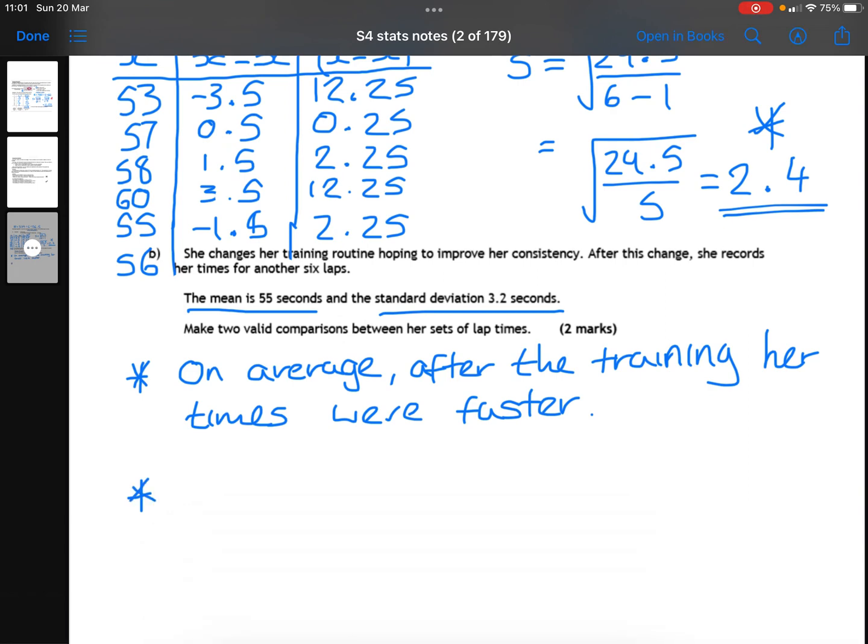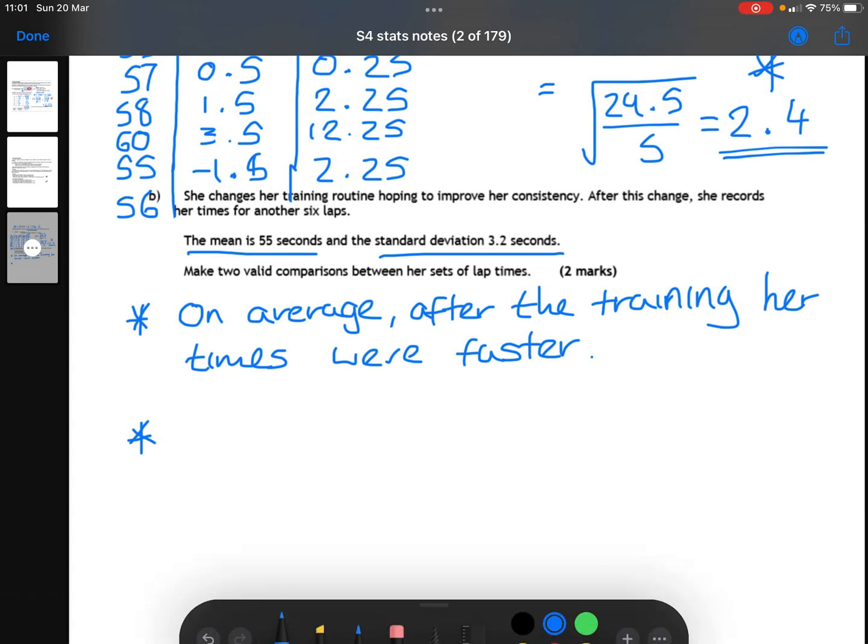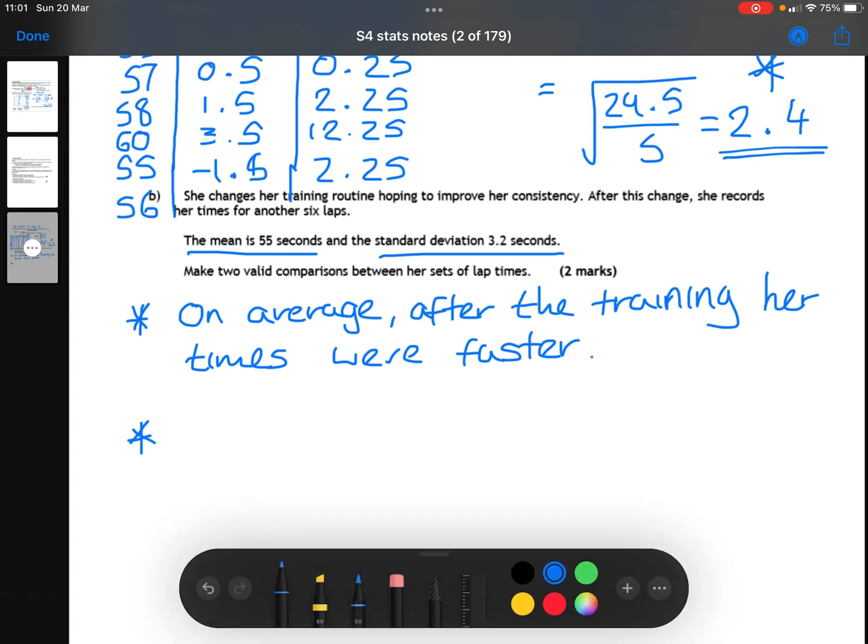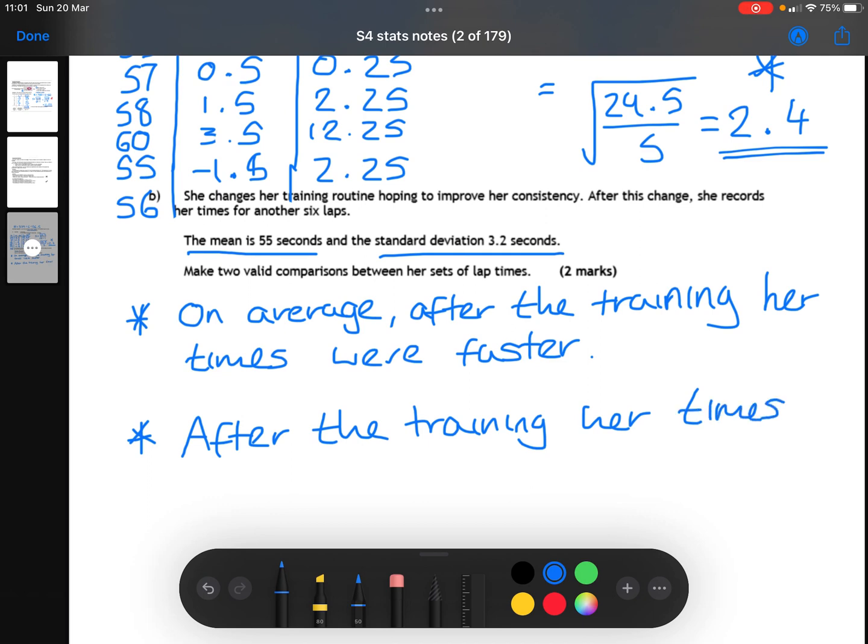So she has not achieved that, but we've still got to compare between our sets of lap times. So we could say after the training, her times were less consistent.